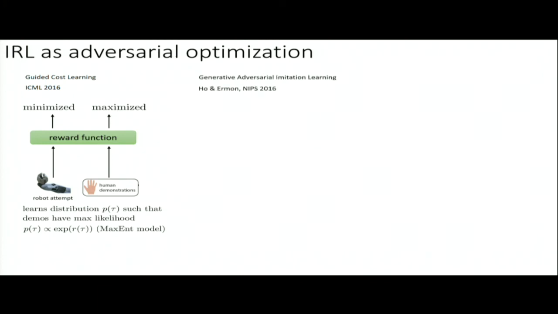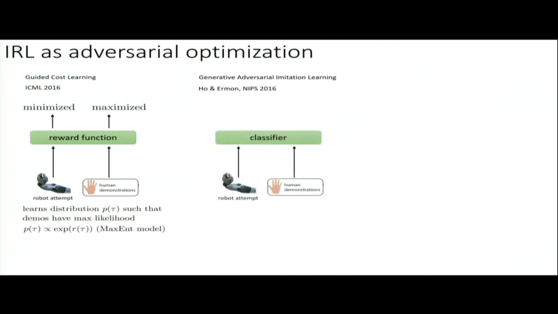There's another algorithm that was proposed subsequent to this that takes the GAN connection even further by saying that, well, we don't actually have to represent the discriminator with this funny form, with this funny odds ratio, with the reward in there. We can just directly learn a regular good old-fashioned discriminator as a classifier. This is a paper called Generative Adversarial Imitation Learning by Ho and Ermon.